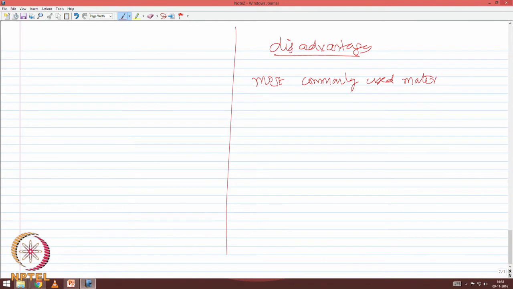Most commonly used material is steel. Steel has one problem, it results in corrosion.